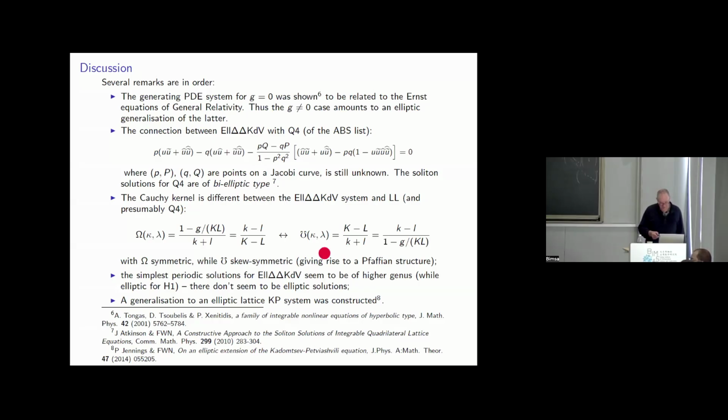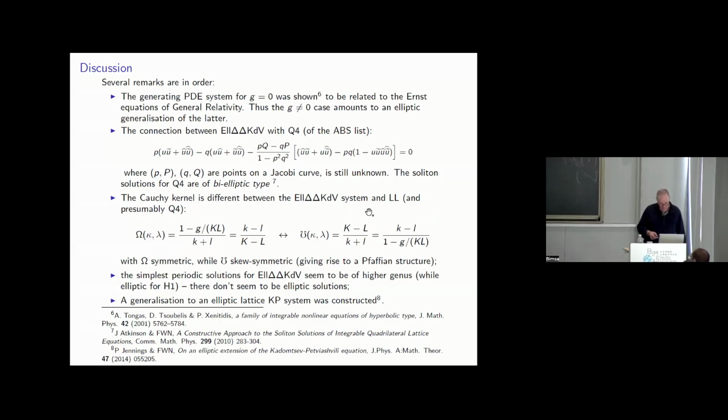But Landau-Lifshitz would have a different Cauchy kernel. It would have this kind of upside-down kernel compared to the kernel that appears in the elliptic KdV. So this is the kernel that is in the elliptic KdV system, and this is the kind of kernel that you can find in the Landau-Lifshitz treatment of Landau-Lifshitz soliton solutions.